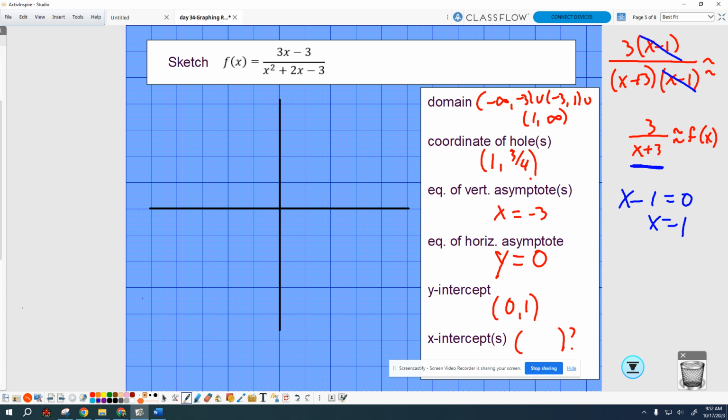Okay? All right, because it was bottom heavy, we got y equals 0. Y-intercept, when x is 0, I'm left with a +1. What's the x-intercept? Will? I put (3, 0), because you're left with, wait, yeah, you looked in the numerator for it, right?